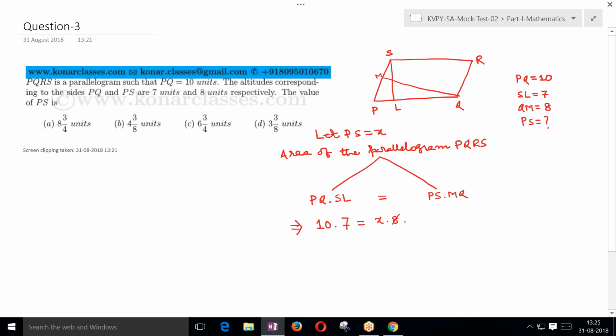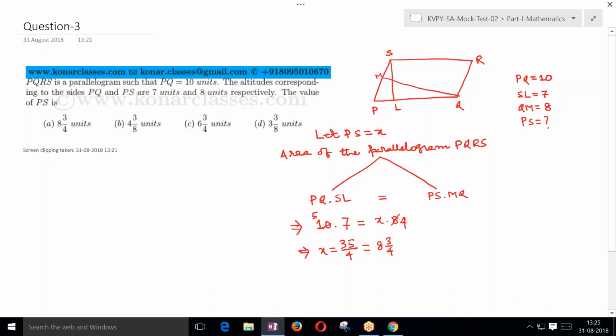Now we can simplify it further. 4, 2, 4 and 2, it is 5. So this implies X is equal to 35 divided by 4, and if you write it in mixed fraction it will be 8 3 by 4 units.